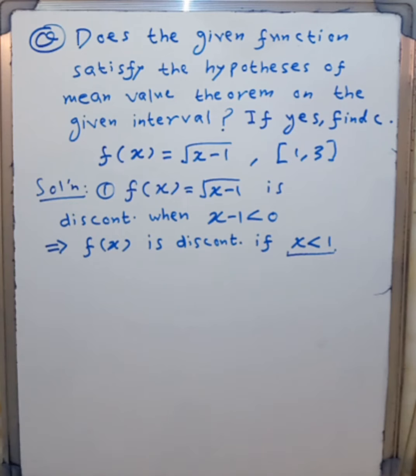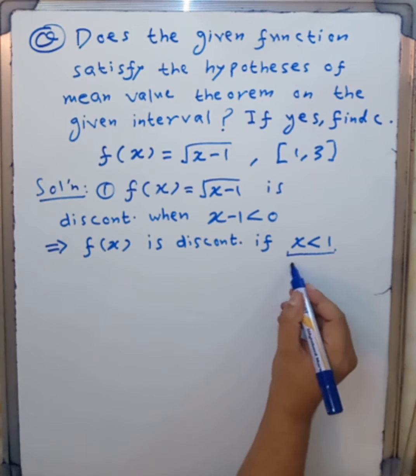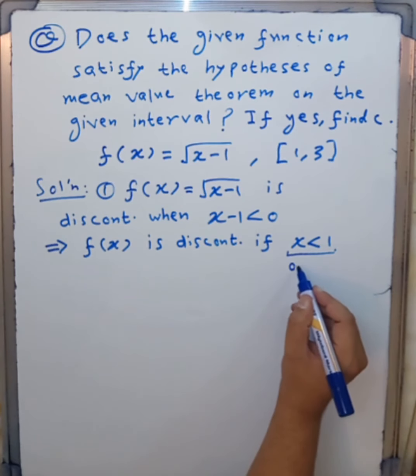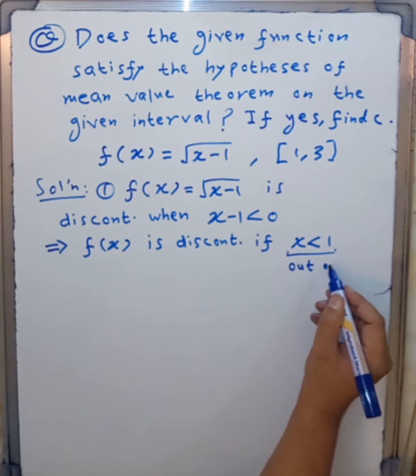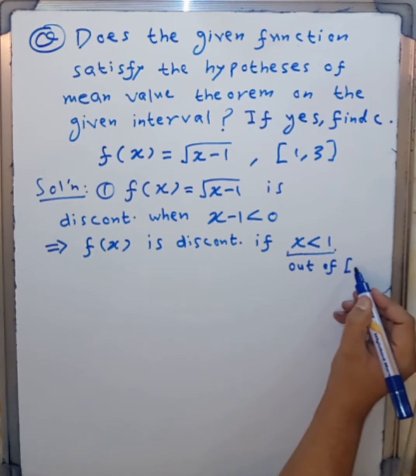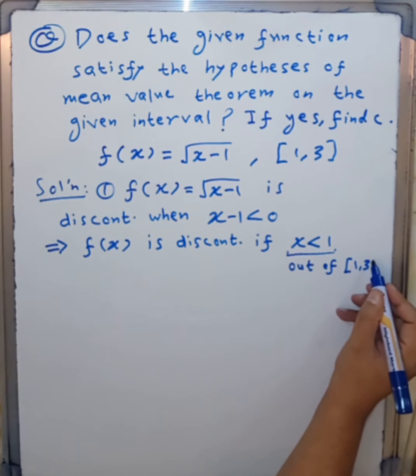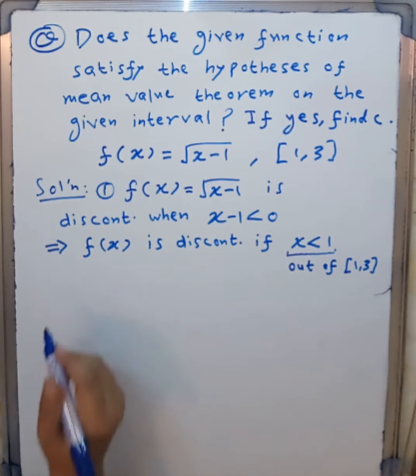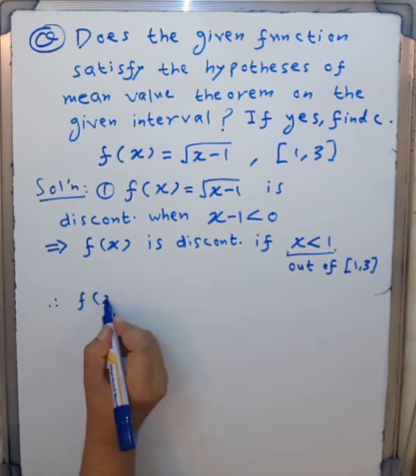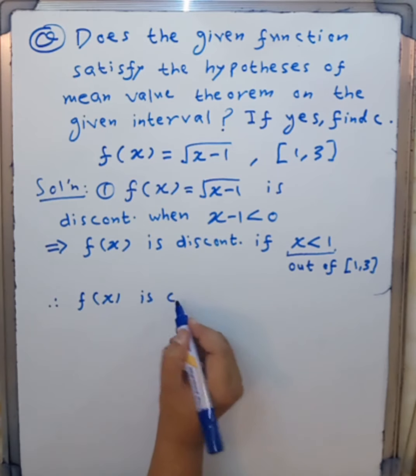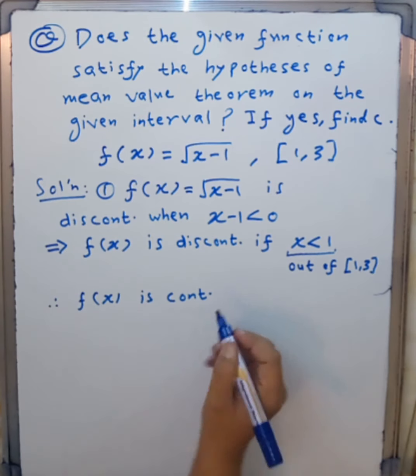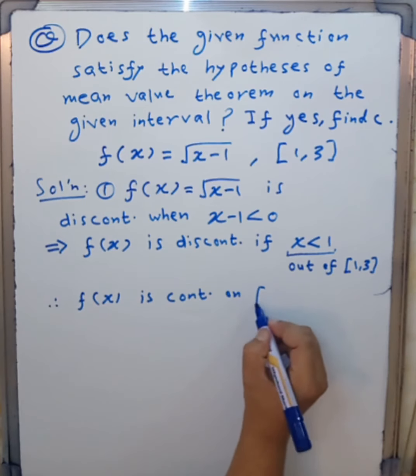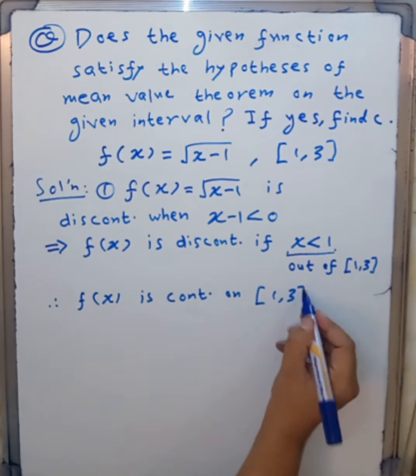So we can write that these points of discontinuity are out of the interval [1, 3]. And hence we have no problem in saying that f(x) is continuous on the closed interval [1, 3].